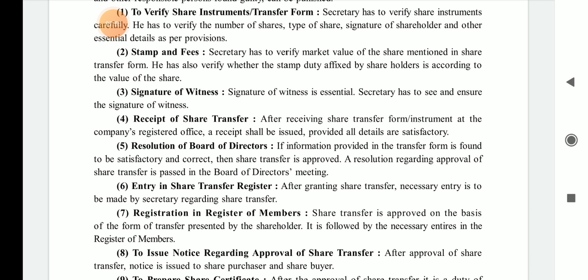Entry in share transfer register. After granting share transfer, the necessary entry is to be made by the secretary regarding the share transfer.